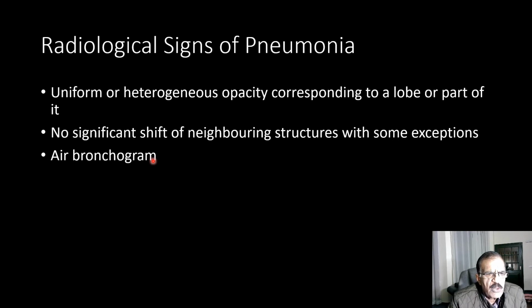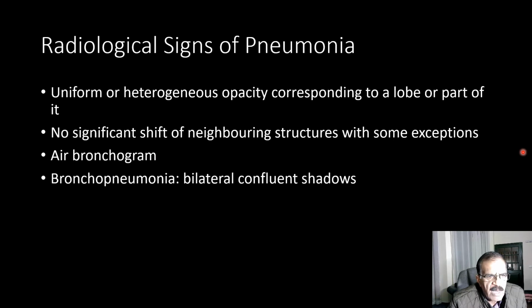If you see a uniform opacity and in the middle of it you see a black column corresponding to a bronchus, that is called air bronchogram. Bronchogram means image of bronchus, and air because this image is made by the presence of air. So that is very characteristic of pneumonia, but it's not seen in everyone.